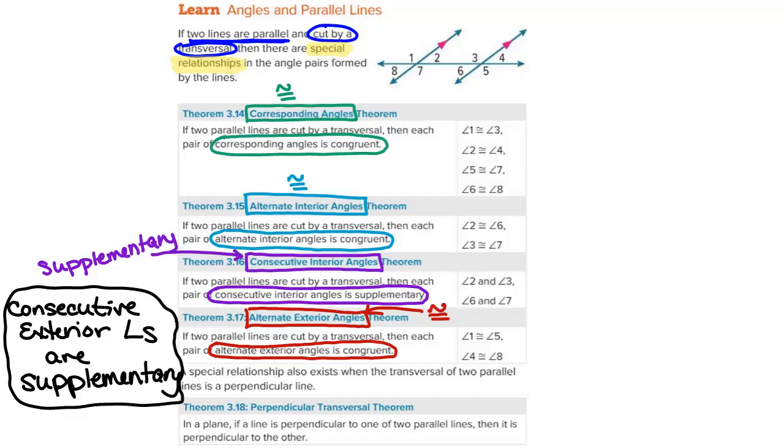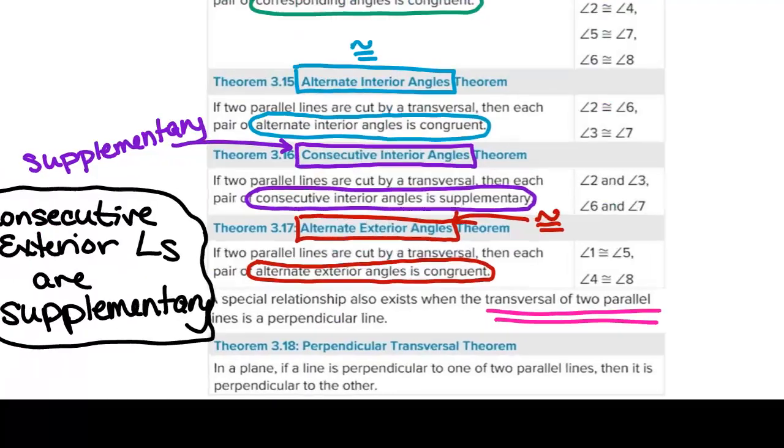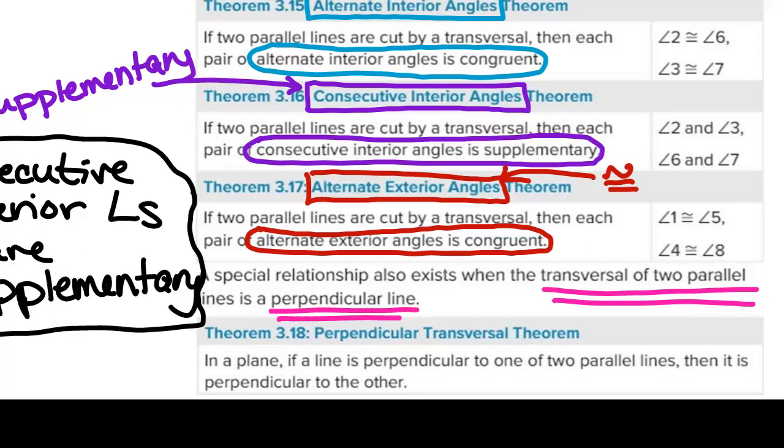And then this is down at the bottom of my screen, but it's on the top of your next page. If you flip over to the very tippy top of page 4, it says a special relationship also exists when the transversal of 2 parallel lines is a perpendicular line.